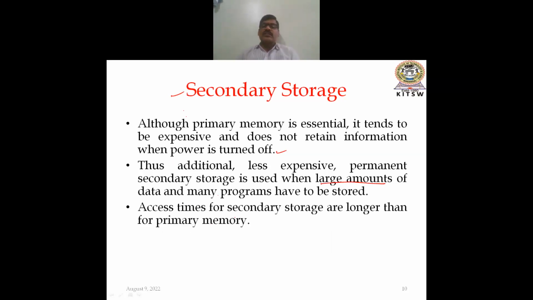The access time for secondary storage is very large compared to primary memory. In primary memory it is a few nanoseconds to 100 nanoseconds. This is the access time for primary memory, but when we come to secondary storage, it takes more time than this.